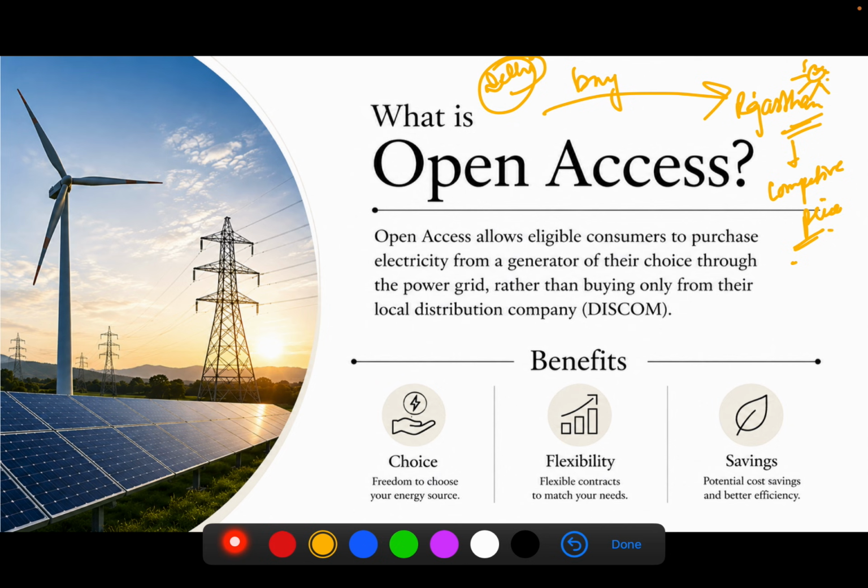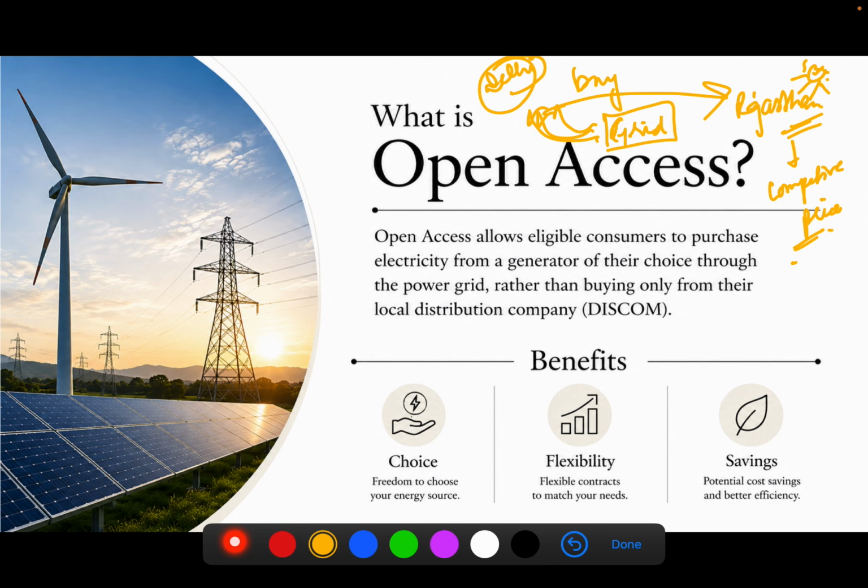So now the electricity cannot be physically sent from Rajasthan to Delhi directly. Instead, the electricity will be injected into a common grid. The company then draws electricity from this grid to its location.